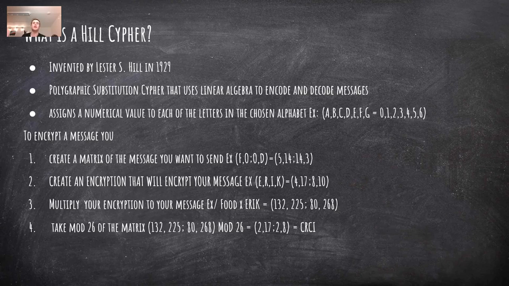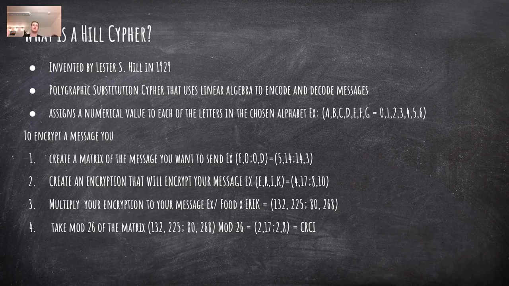You will then create an encryption key that will encrypt your message, an example being Erik, the first value being 4, the second 17, the third 8, and the fourth 10. To encrypt, you will multiply your encryption key with your message, food times Erik, and you will get 132, 225, 80, and 268.